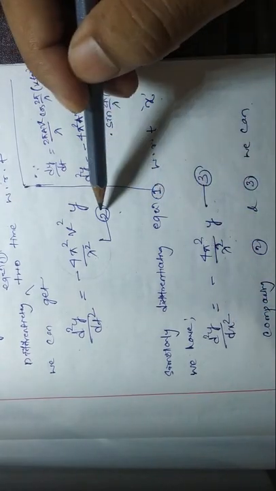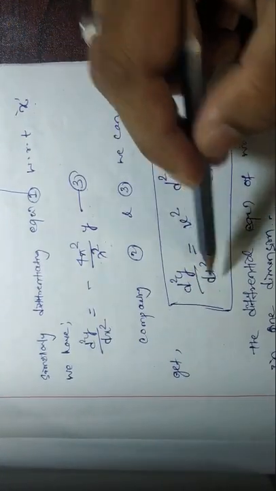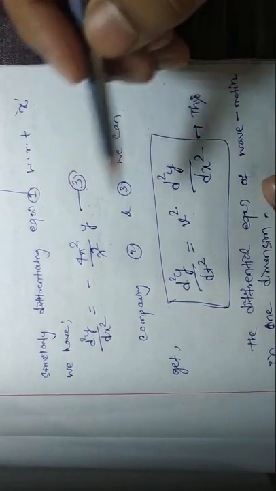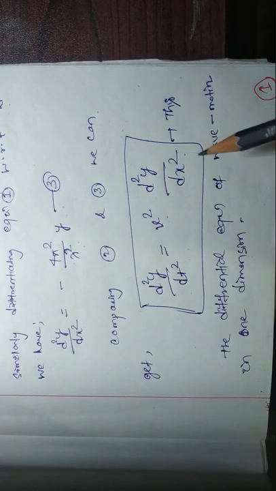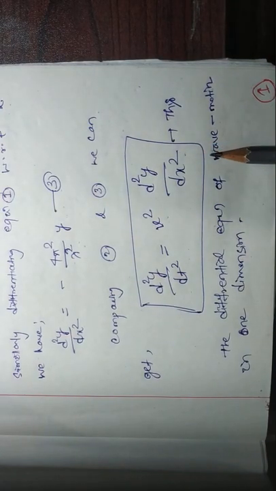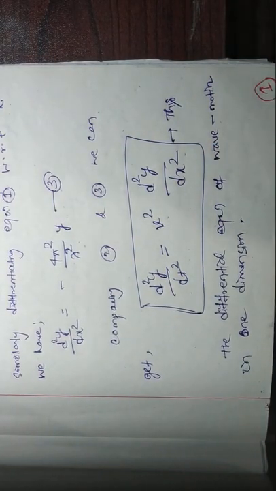So comparing equation number 2 and 3, d²y/dt² = v² d²y/dx². This is the differential equation of wave motion in one dimension. Okay.